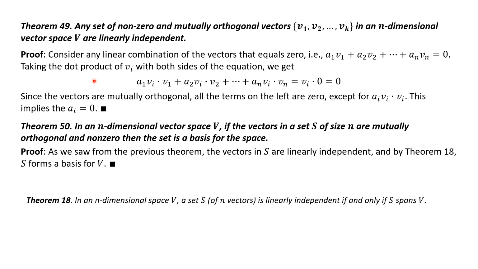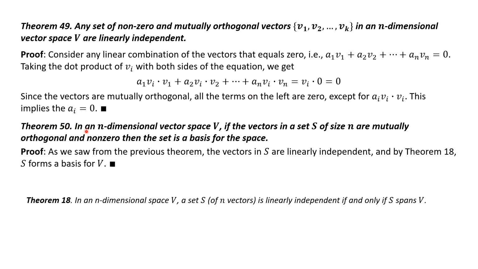That forces all the coefficients to be 0, which implies that the set is linearly independent. I used the property again of distributing the dot product across the sum. I didn't prove that, but that's one of the properties of the dot product.